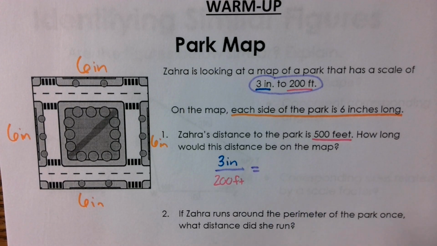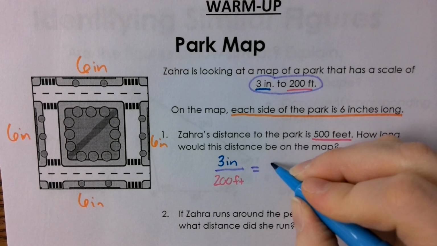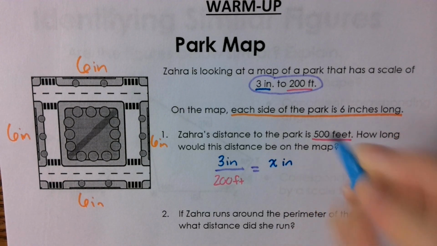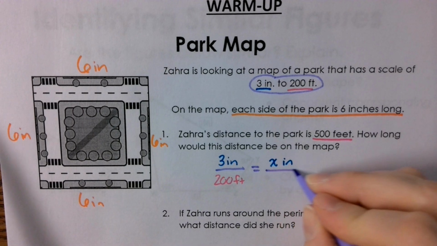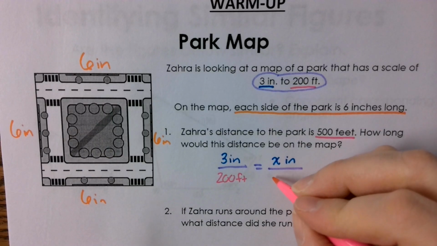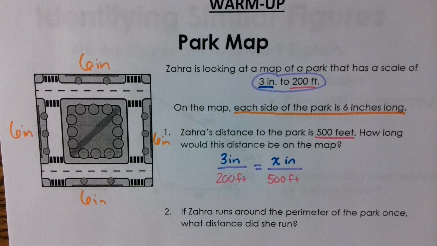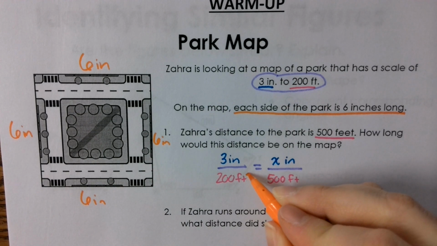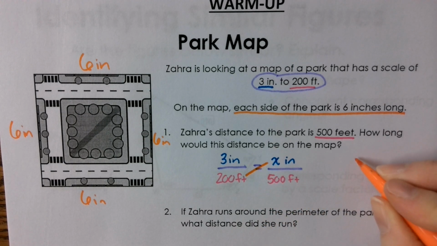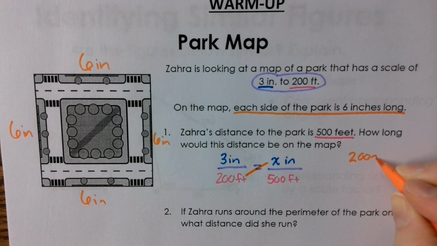So if it's on the map, is that in inches or in feet? Inches. So inches would be going on top. So we want to know how many inches over the 500 feet for the actual size. Okay, so we can set up a proportion to be able to solve, and then we just do our cross product. So we would do 200 times the x, and that would give us 200x.